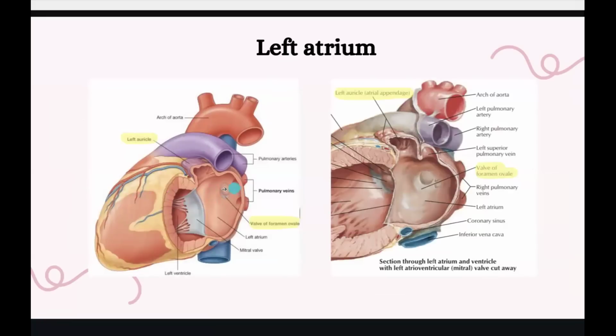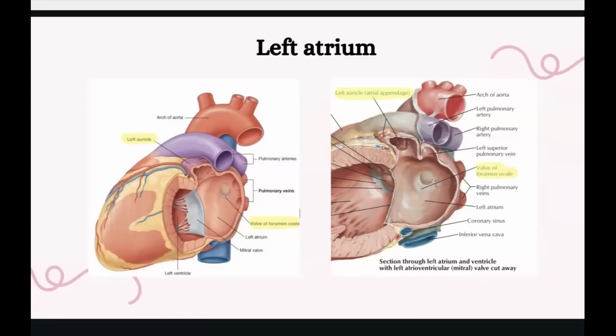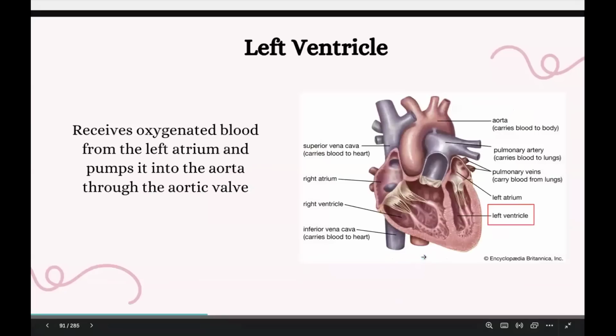So you can see the foramen ovale here, and then you also have the left auricle, which is just another remnant of the left atrium. Not much really to identify here, and there are other more important chambers to ask about than the left atrium, to be honest. So next we have the left ventricle.